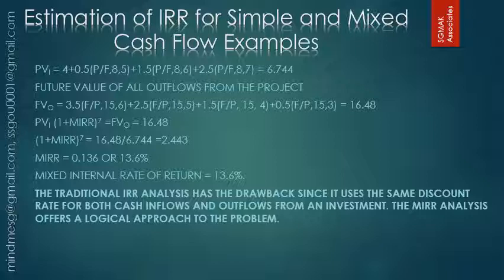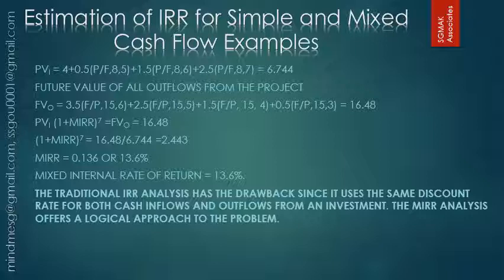So now we are asking, for this mixed problem, at what rate a present value of $6.744 million has a future value of $16.48 million at the end of 7 years. And that's our modified internal rate of return.